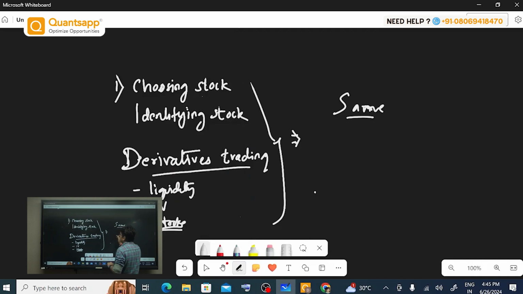Traders who are familiar with the trading system know about IV and liquidity. The most important thing I'm talking about here is selection of the stock. Let's say I'm sticking to only a few stocks.